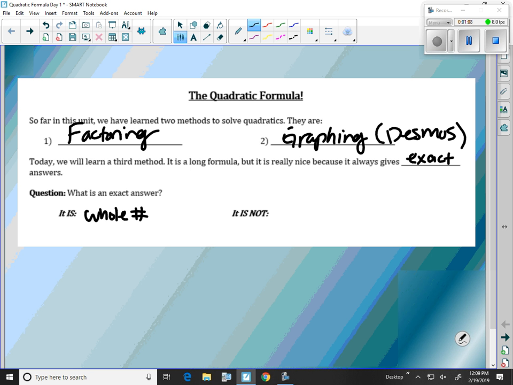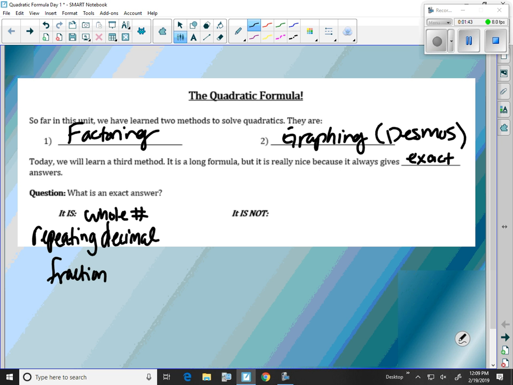We could say repeating decimal. There's one specific I'm looking for here. It starts with an F. It's a fraction.